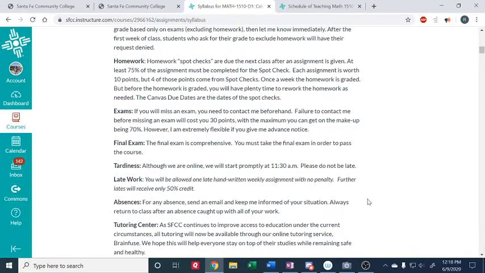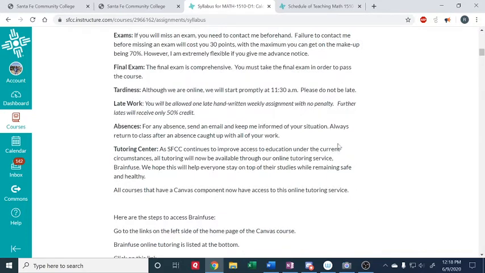Tardiness, we'll start promptly at 11:30. Please do not be late. Late work, it's a really big penalty on late work. One late written assignment can be turned in with no penalty. Further lates, you get only 50% credit on those.